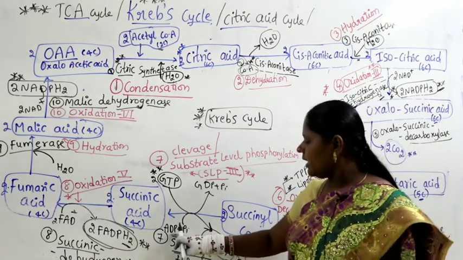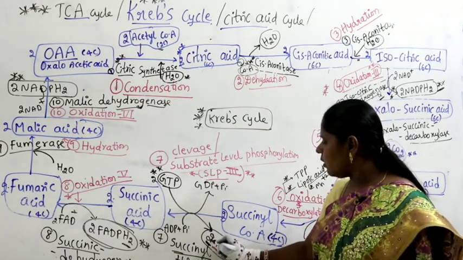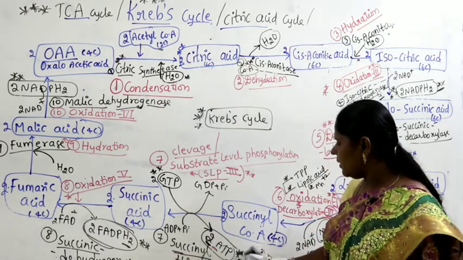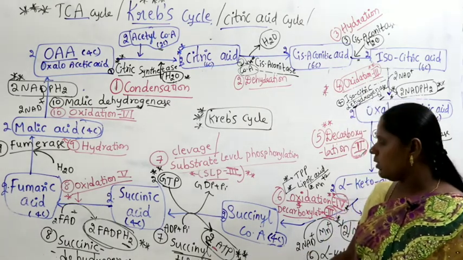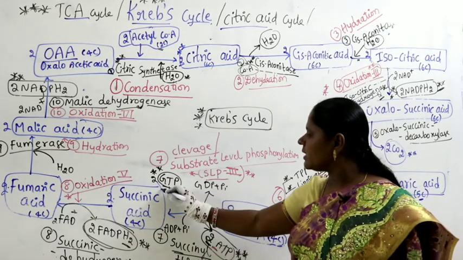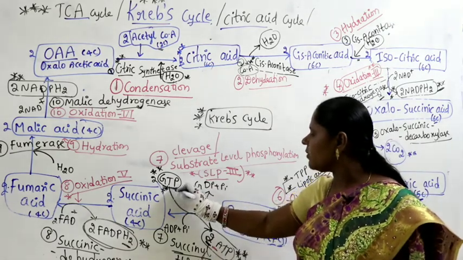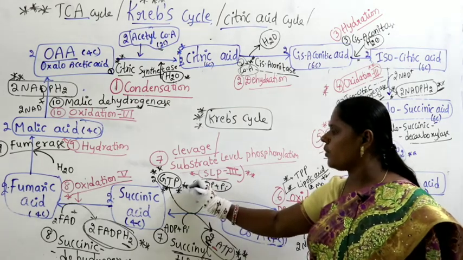Right. Now, succinyl-CoA, a 4 carbon compound, is produced here. Now, ADP plus inorganic phosphate get converted to 2 molecules of ATP. Very important. Why is it very important? When there is a production of ATP, simultaneously the GTP converts into GDP. Very important.